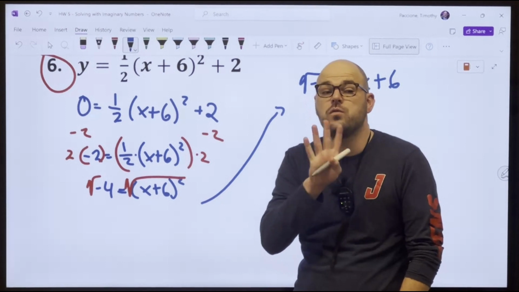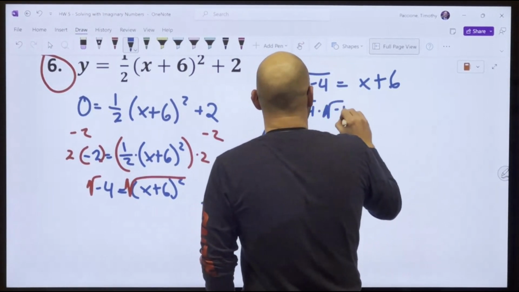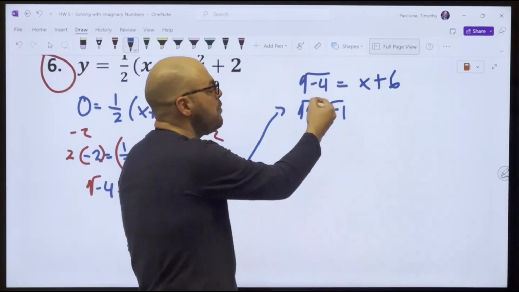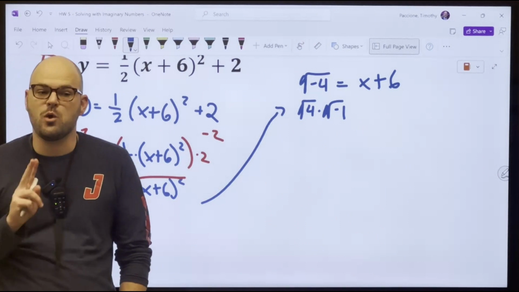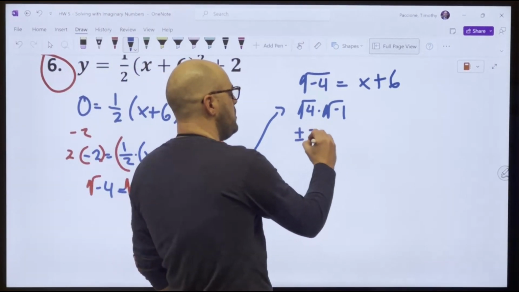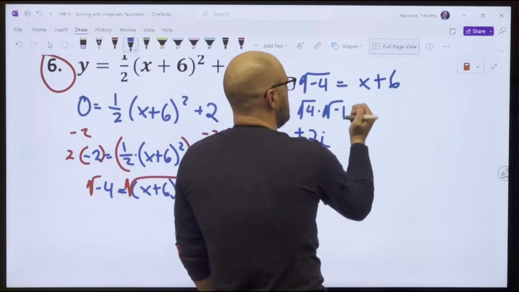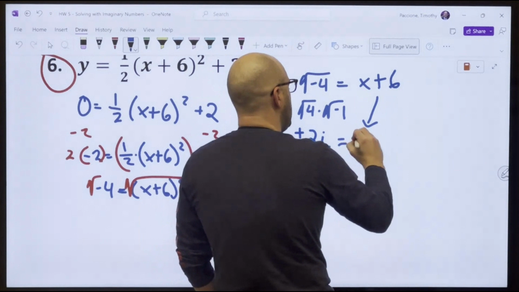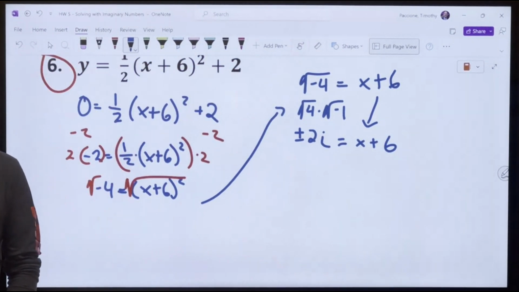So that's square root of 4 times square root of -1. So this becomes i, but what does square root of 4 become? Plus or minus 2. So this becomes plus or minus 2, this becomes i, and then I just bring this down, equals x plus 6. Right? So square root of -4 becomes plus or minus 2i.